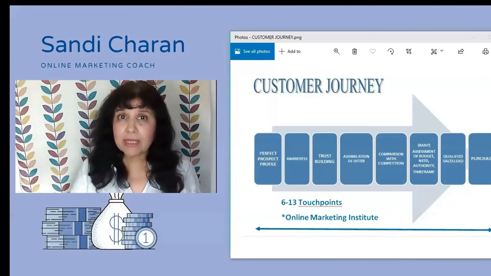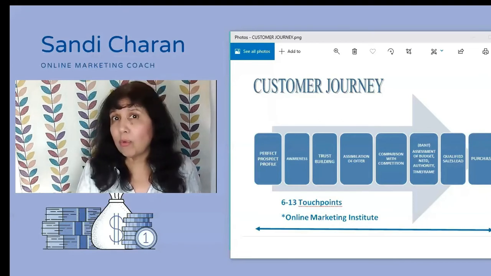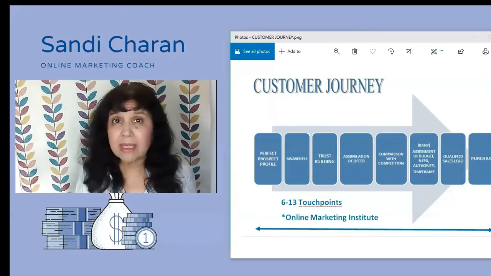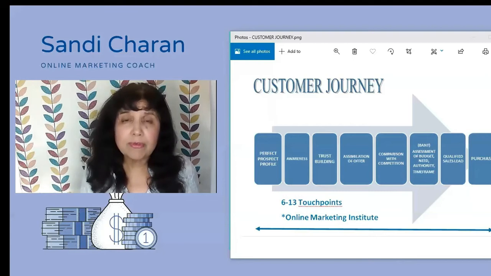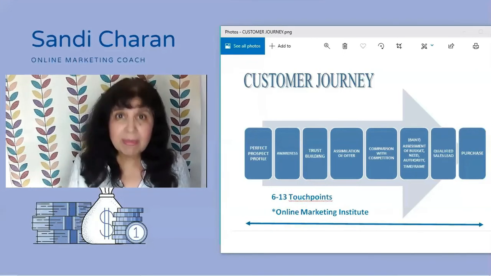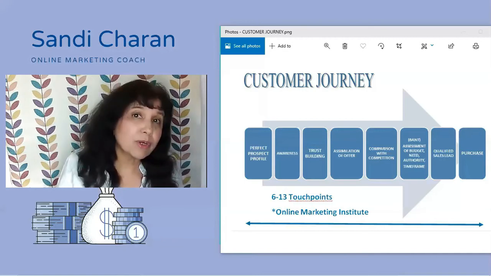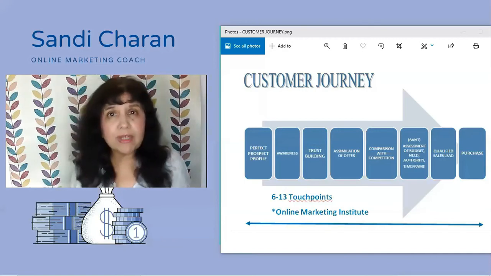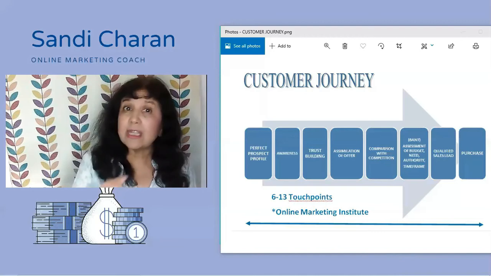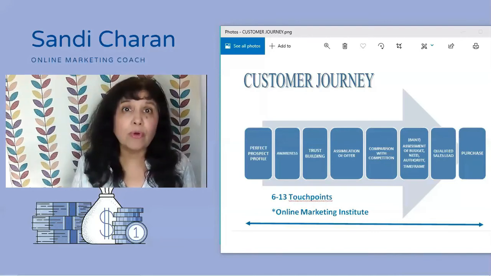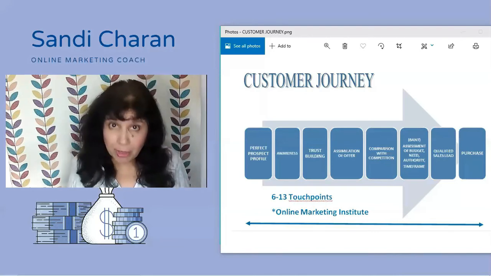So they've got to see an ad that you've placed, or perhaps another touch point might be that they signed up for one of your newsletters and they receive email from you. That's another touch point. Or maybe they've listened to one of your podcasts or seen one of your videos, but they need to have 7 to 13 such touch points before they are likely to buy from you.